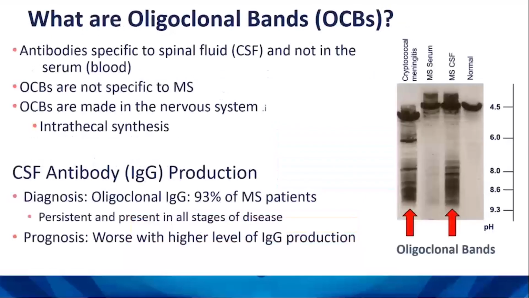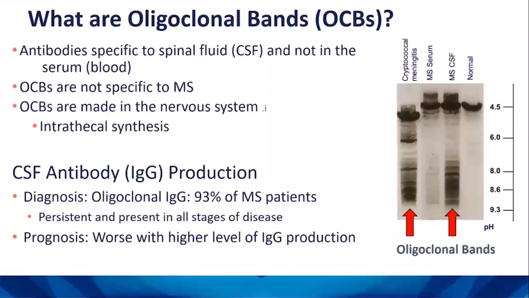What are these oligoclonal bands? They're actually antibodies, like the antibody I mentioned that was targeted against aquaporin 4 and neuromyelitis optica. And these antibodies are present in the spinal fluid, as you can see in the arrowed columns here, but not present in the blood over here. So this group of antibodies here are not a specific sign for multiple sclerosis.